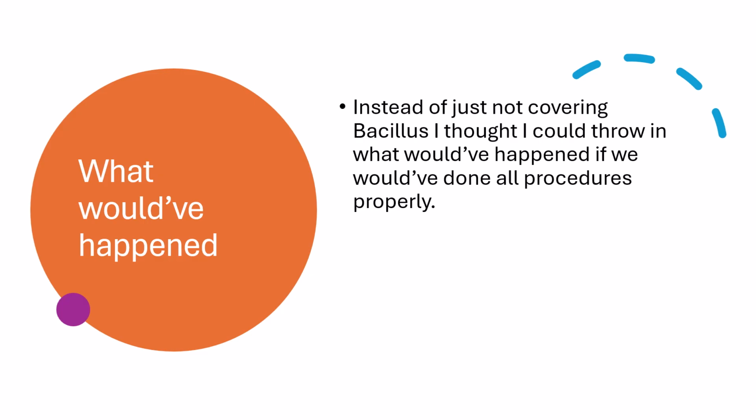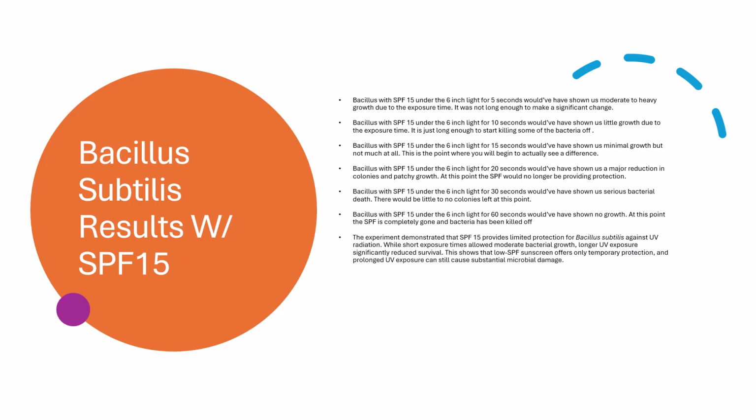So instead of covering what did happen, I want to give you guys an idea of what would have happened. What would have happened was, once we put Bacillus with SPF 15 under the 6-inch light for 5 seconds, it would have shown us moderate to heavy growth due to exposure time.